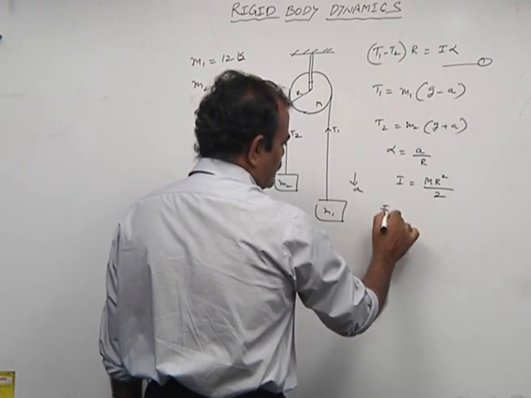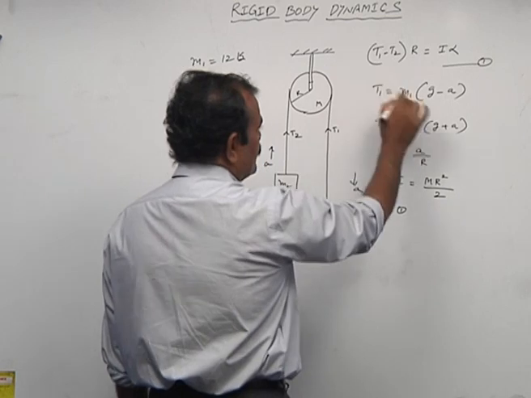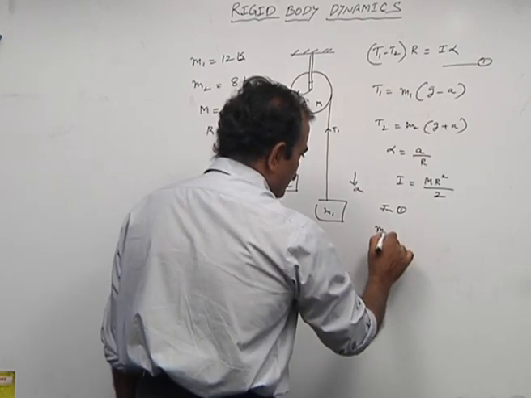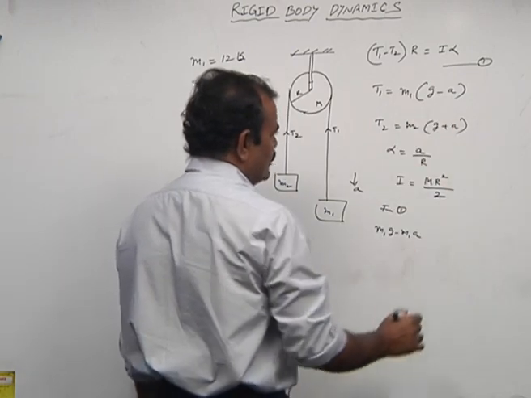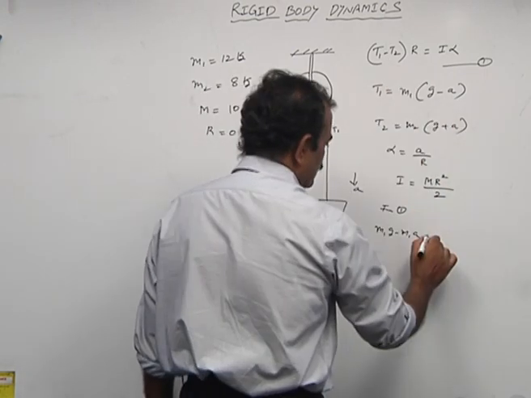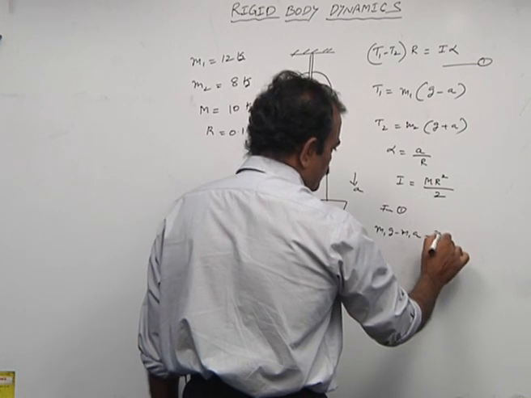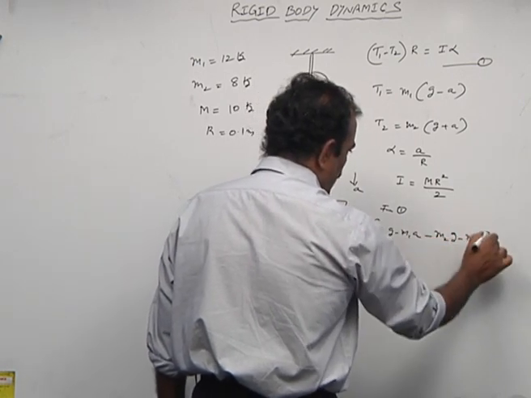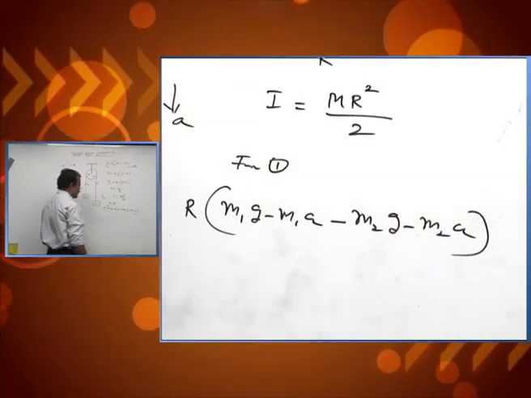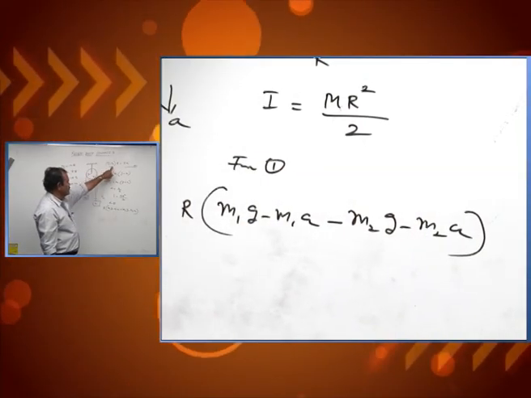So from 1, T1 minus T2 means m1G minus m1A, and minus T2 means minus m2G plus m2A, all into R. That is the LHS part completed.